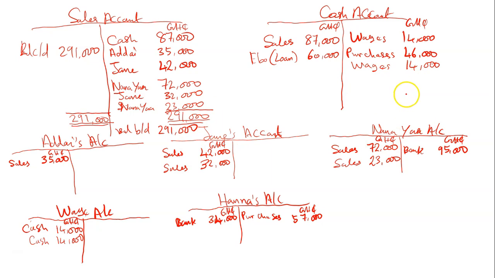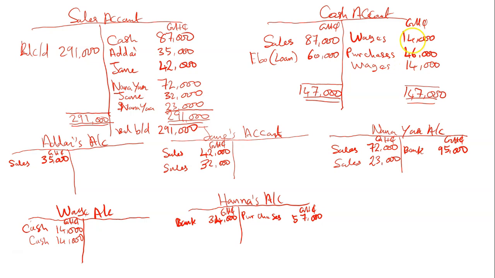Then let's come to the cash account also. For the cash account, when you add wages, purchases, and wages together, this plus this gives you 60,000. Plus this is 74,000, right? So when you add 87,000 plus 60,000, you get 147,000, which is more than the credit side. So that's what we write for both sides. 147,000, then 147,000.